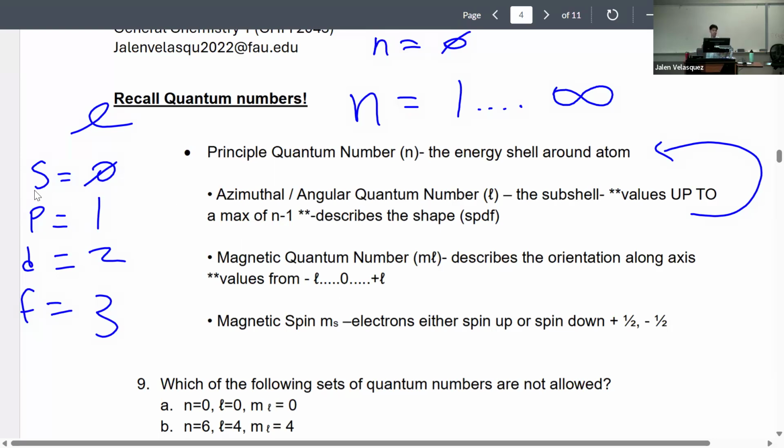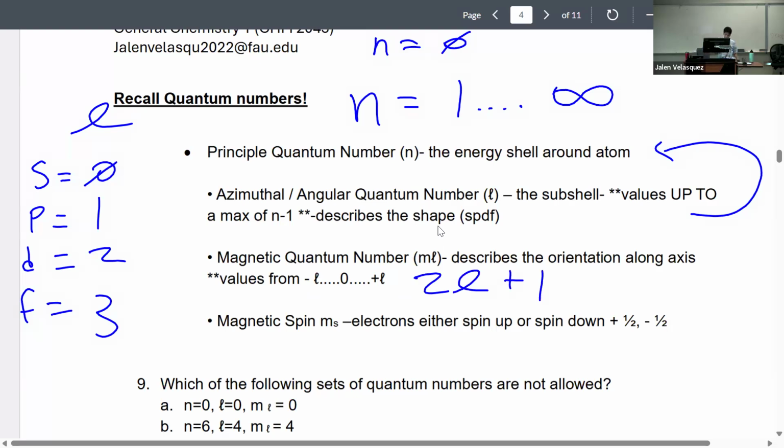The way it can orient itself is telling you those orientation values. So you need to know that the possible orientation values, you can get it from doing negative L to 0 to positive L. Or what else can you use to figure that out? Good. You can also use 2 times L plus 1.